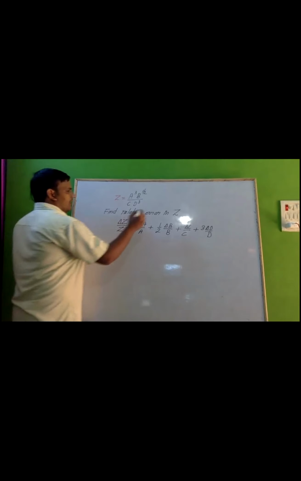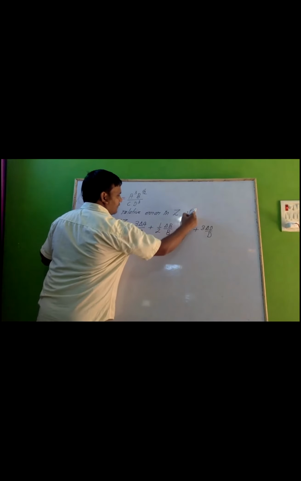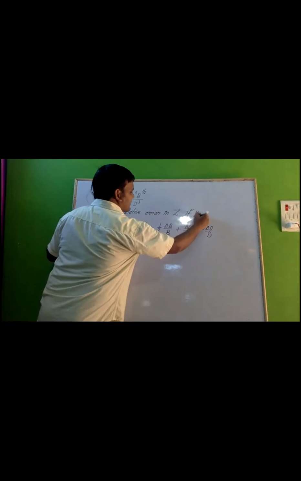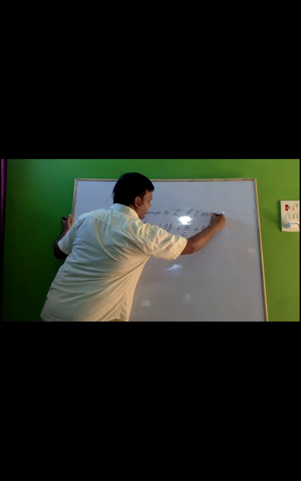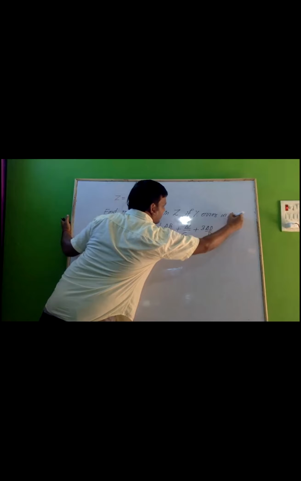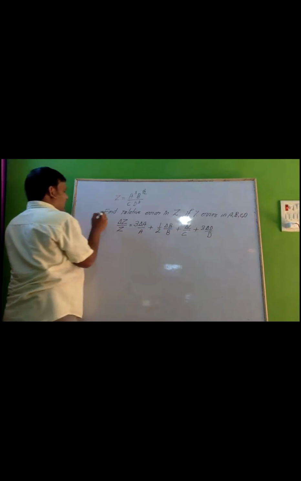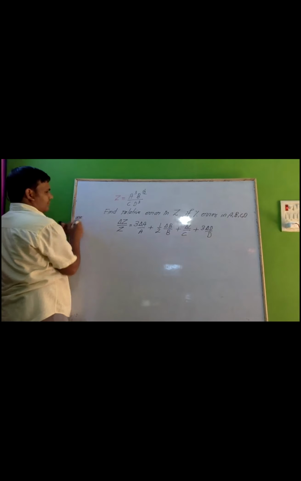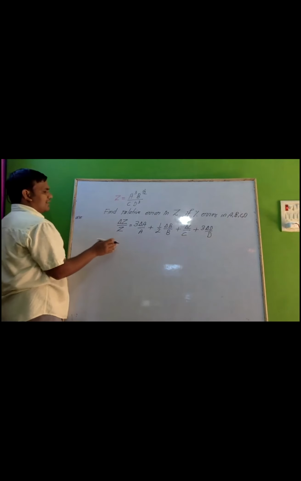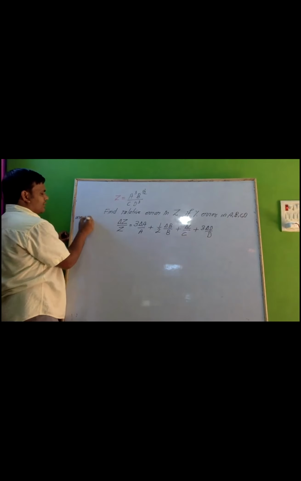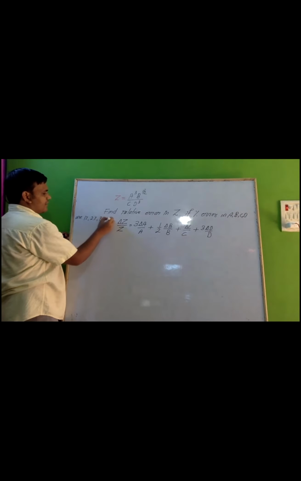And if they are saying that the percentage errors in A, B, C, D are, how much are they? 1%, 2%, 3% and 4%.